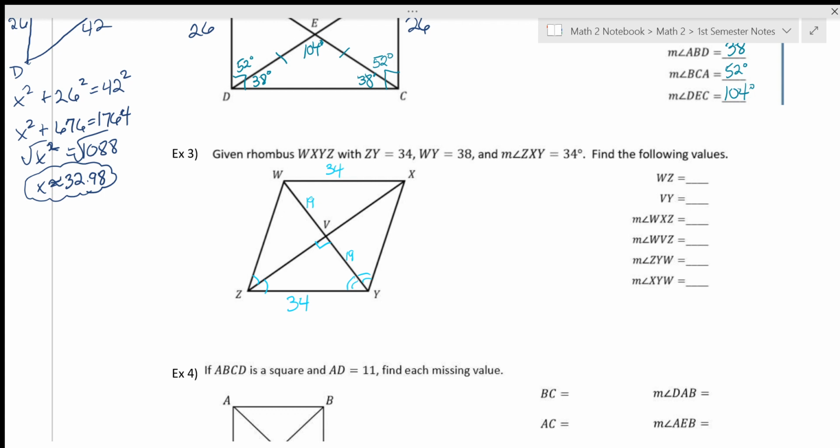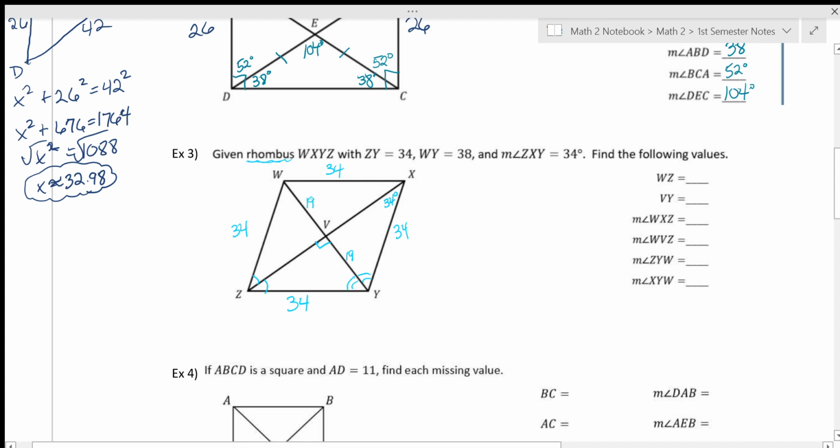ZXY is 34 degrees. Find the following values. So we're looking for WZ. Okay, WZ. With a rhombus, the other property that I forgot to mention earlier is that a rhombus has 4 congruent sides.